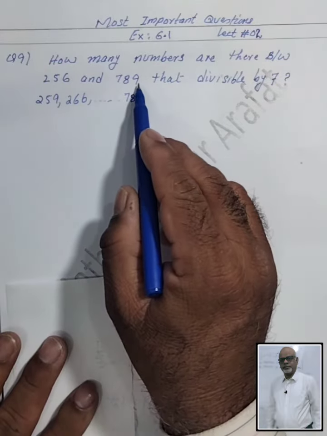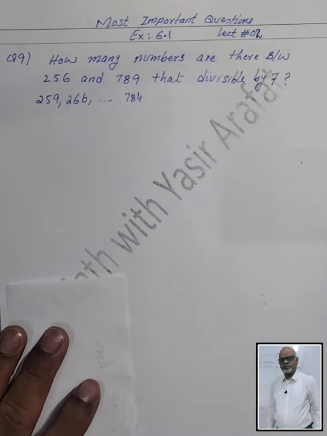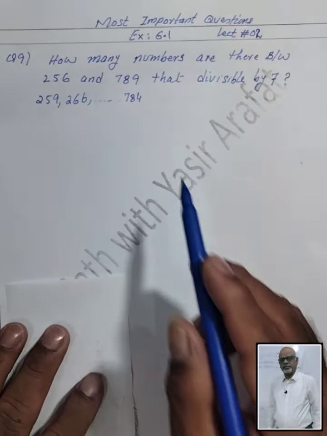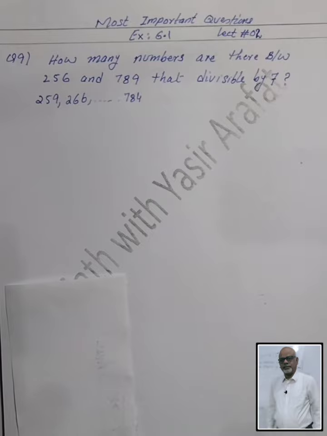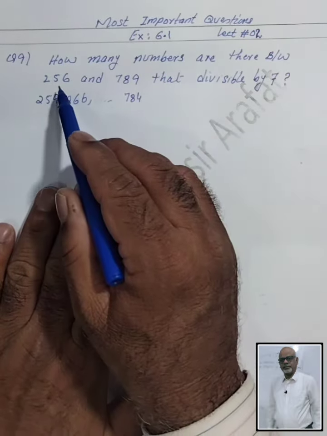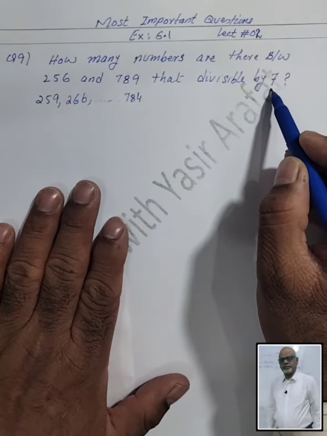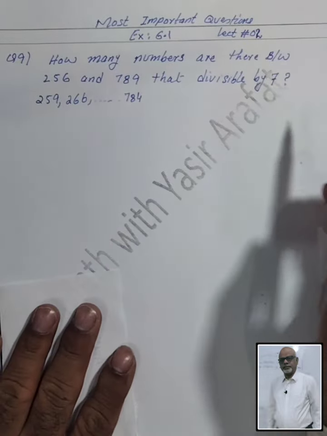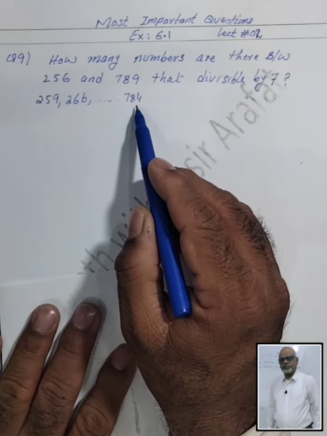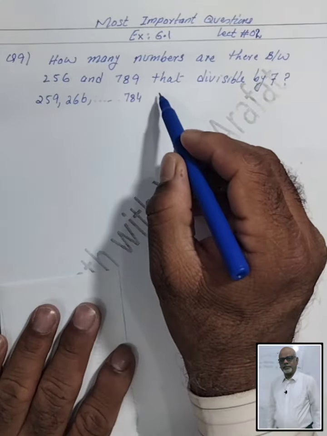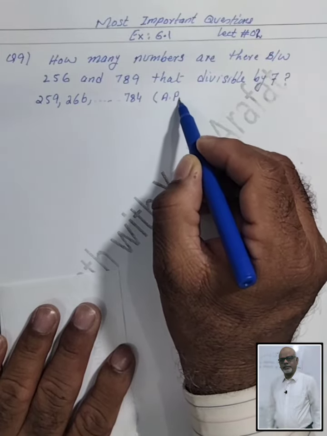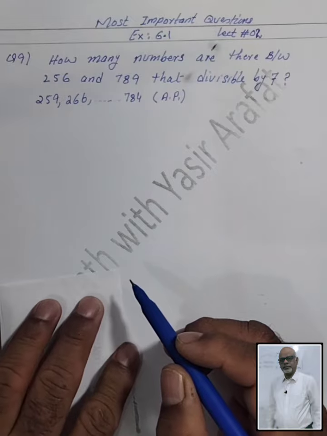Between this interval we have to find all those numbers which are exactly divisible by 7. So this becomes the AP, arithmetic progression.